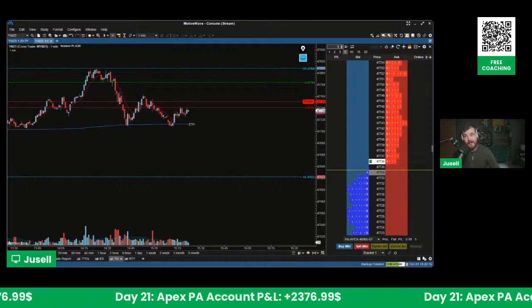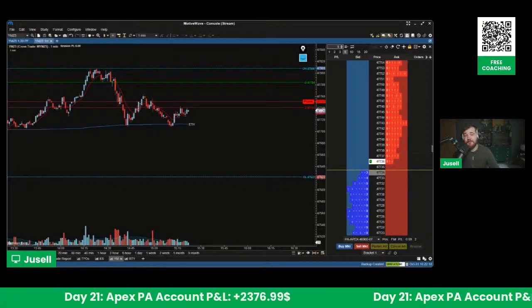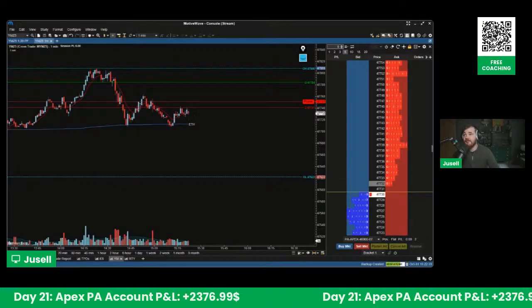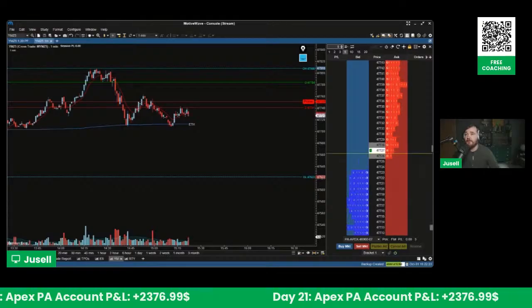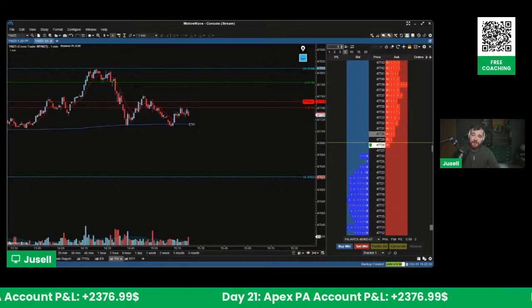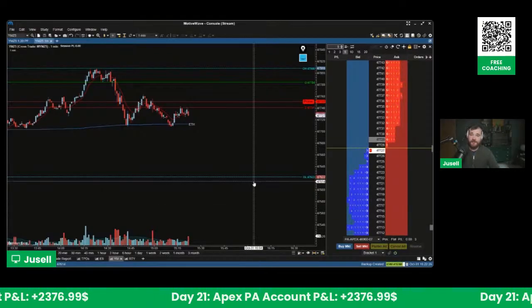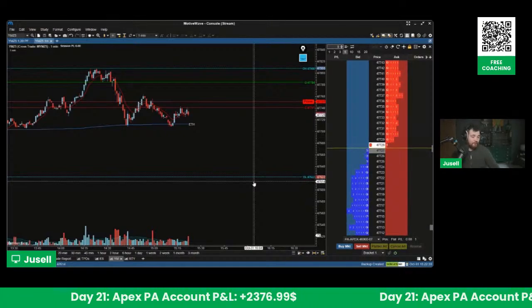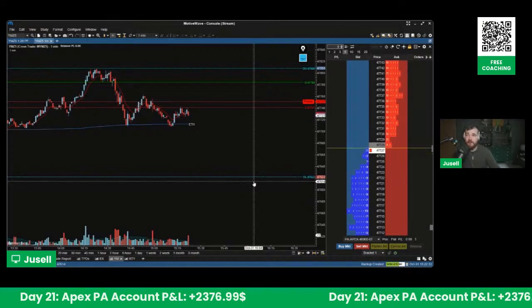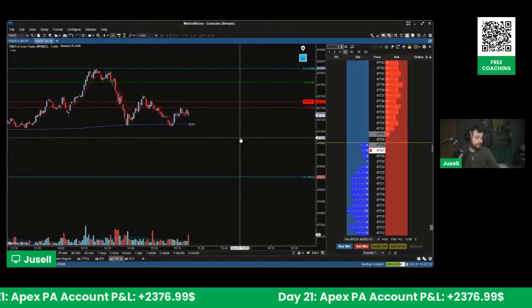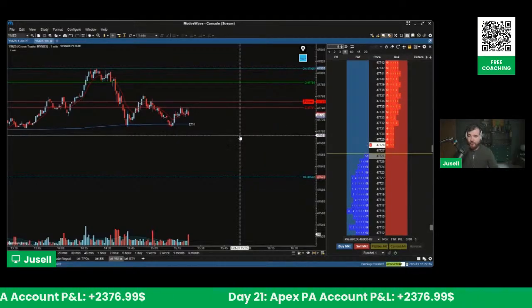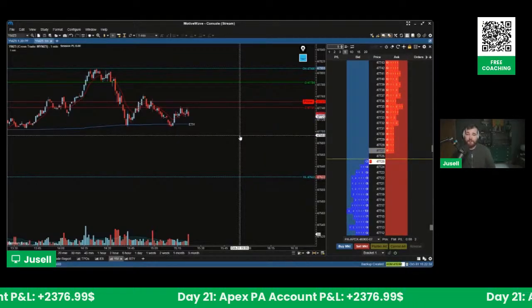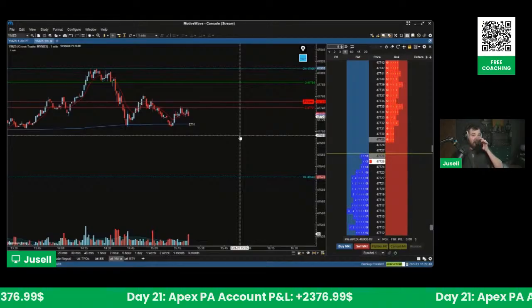So at the open exactly, and then 15 minutes after the open, we have Chicago PMI, which could give us a small reaction. It's not a very news heavy day. We don't have huge news, but Chicago PMI can still give a decent reaction to the market. So always good to be aware of the upcoming news.